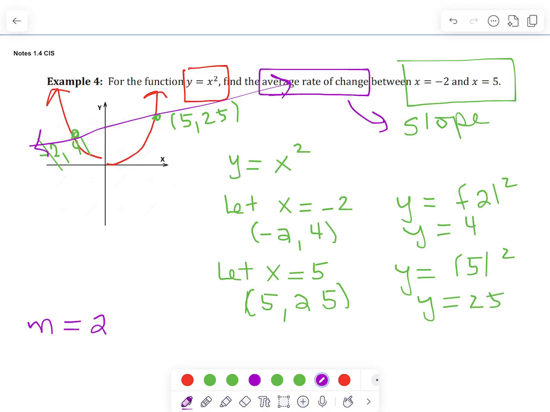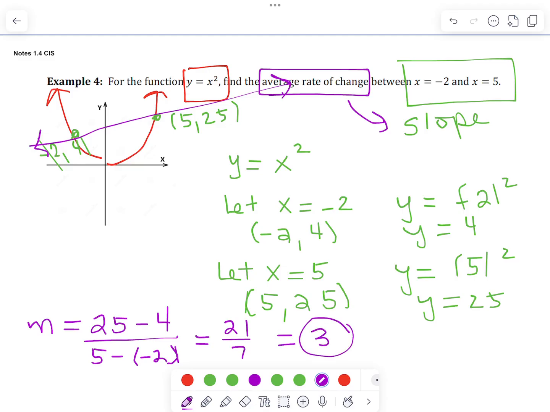So we say 25 minus 4 all over 5 minus -2. And when we reduce that, we get 21 over 7, which is 3. So the average rate of change between -2 and 5 is 3.